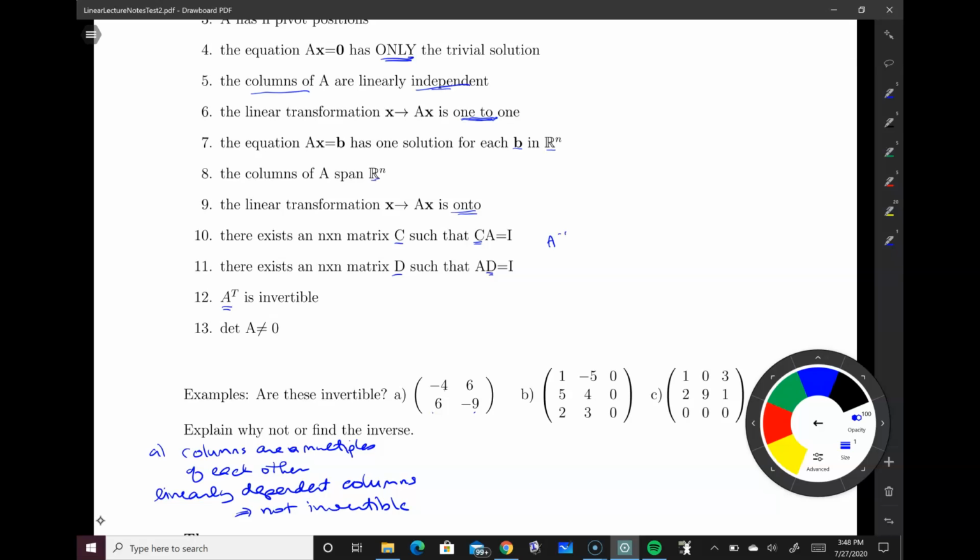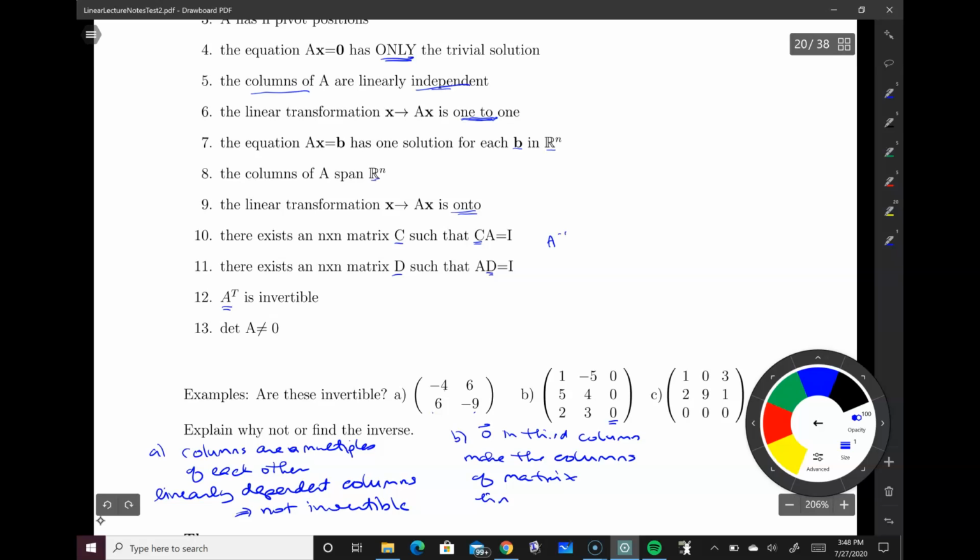All right. This matrix for part B here, I see the 0 vector as a column. The 0 vector in the third column makes the columns of the matrix linearly dependent, so not invertible.